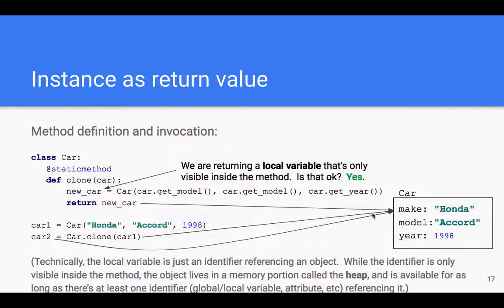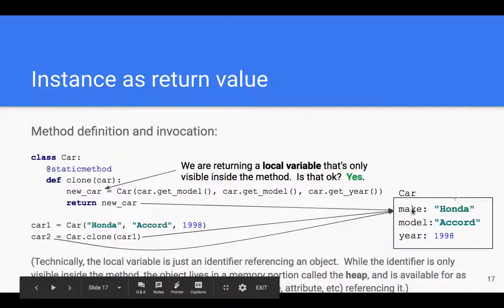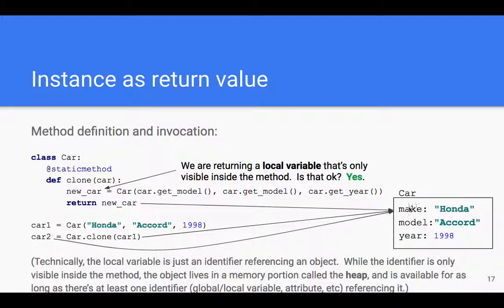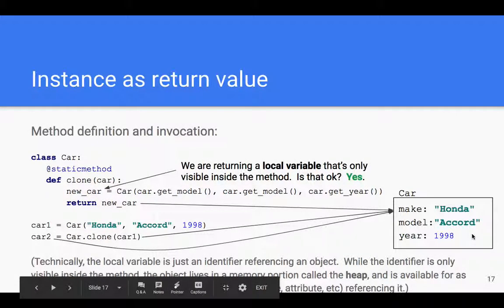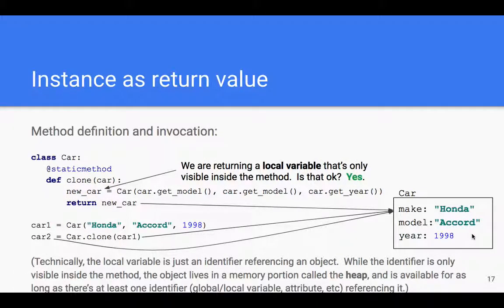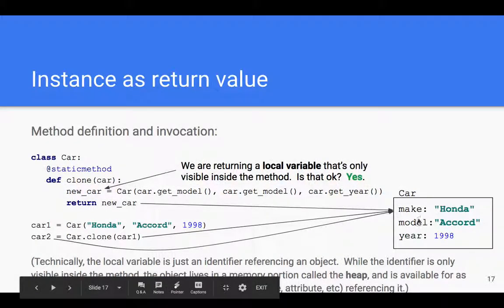However, the object, or the instance, that the name refers to lives in a part of the memory called the heap, and this object is available for as long as there is at least one name that references the instance.